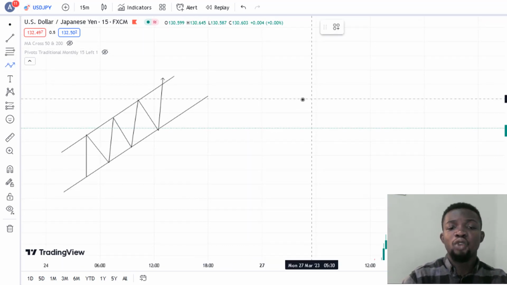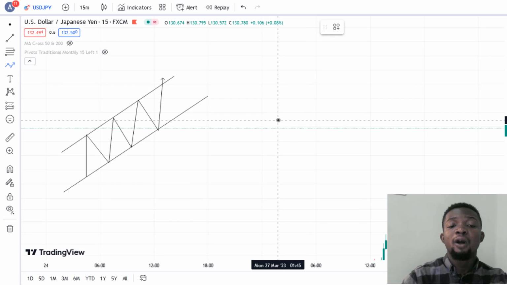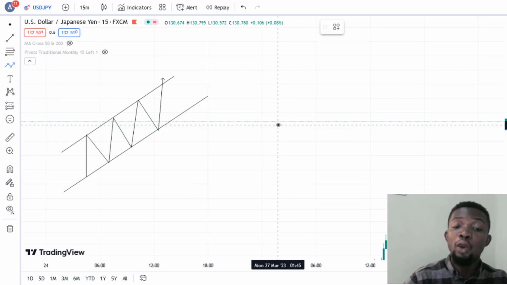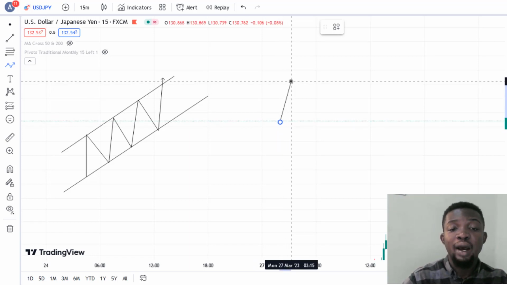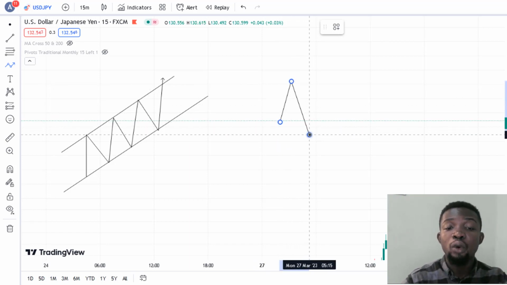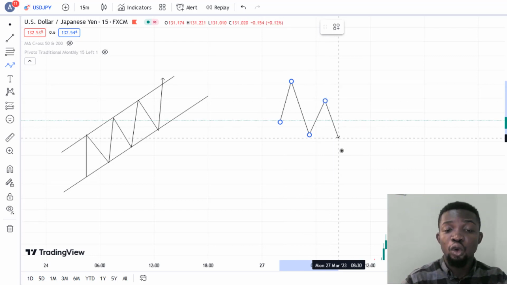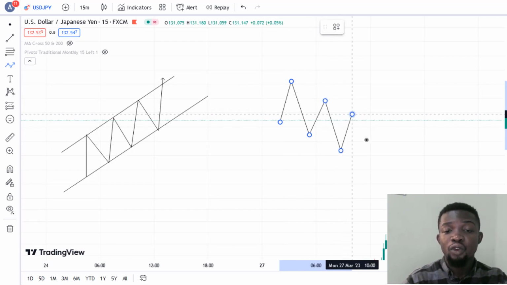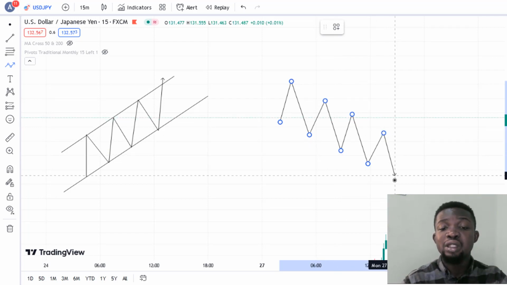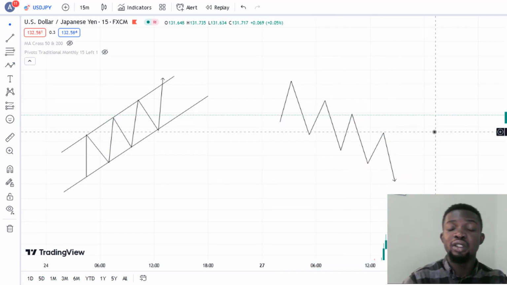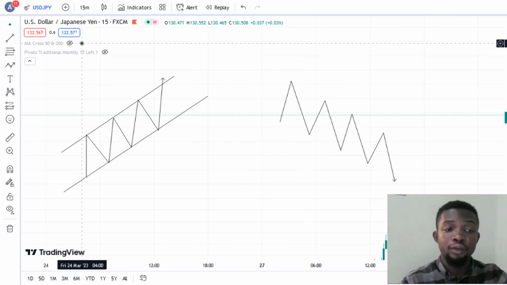Now talking about the downtrend market, a downtrend market makes a series of lower lows and lower highs. So I'm having lower low, lower high, another lower low, another lower high, and the trend continues like that till there's a breakout of this trend.